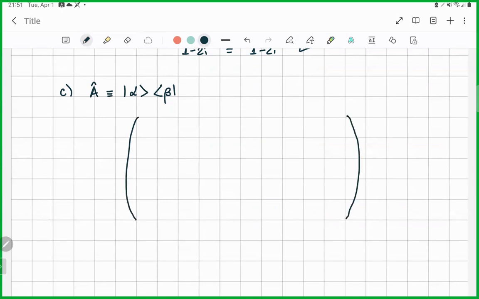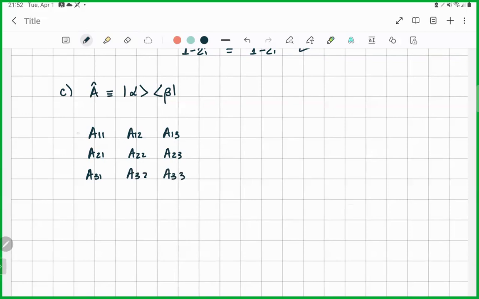This has to be a 3 by 3 matrix where this element here, the A11, let me write like this. Let me first put the element A11, A12, A13, A21, A22, A23, A31, A32, A33. That's the matrix that we want to build, okay? And we want to find what are the elements that we have to put there, each one of those elements.